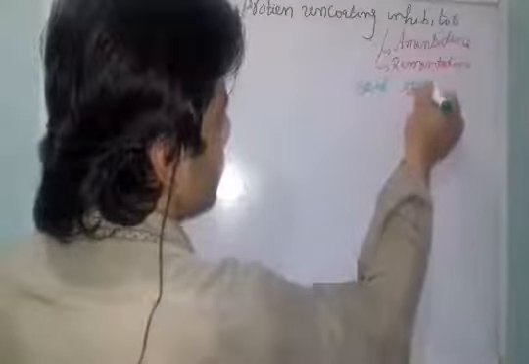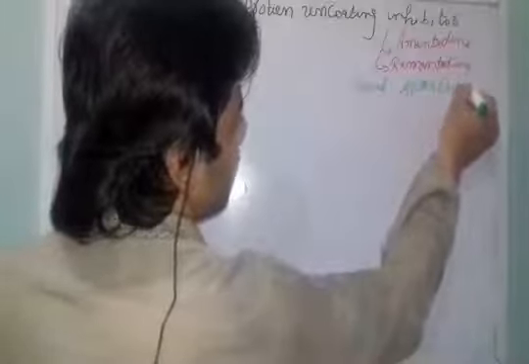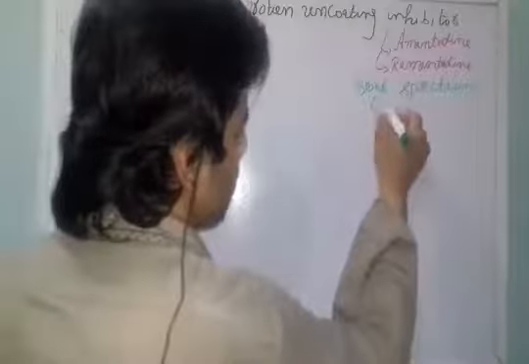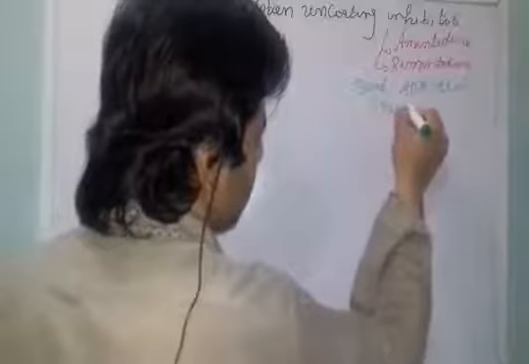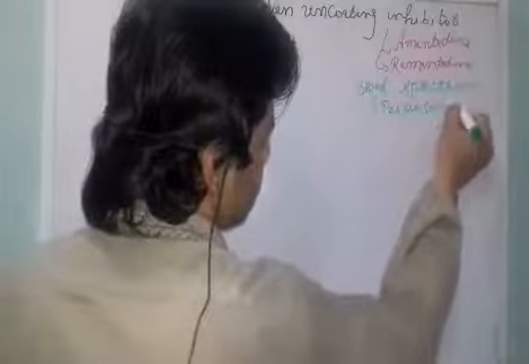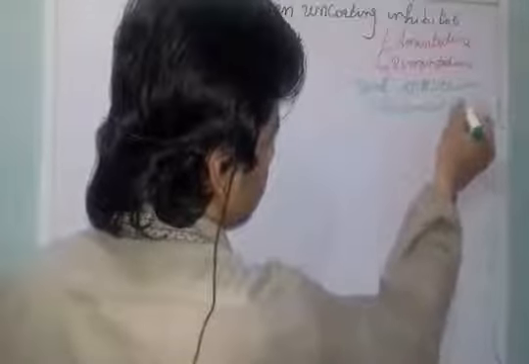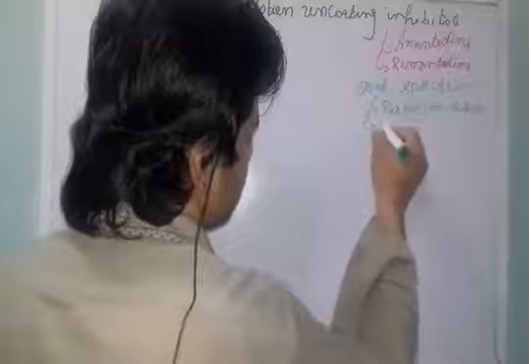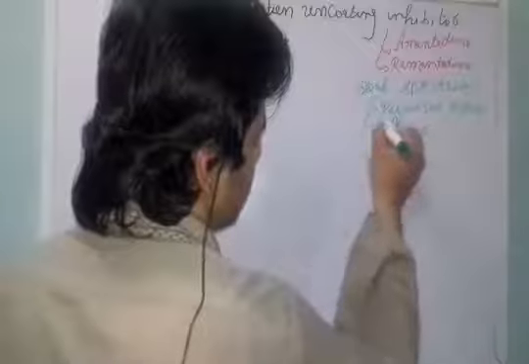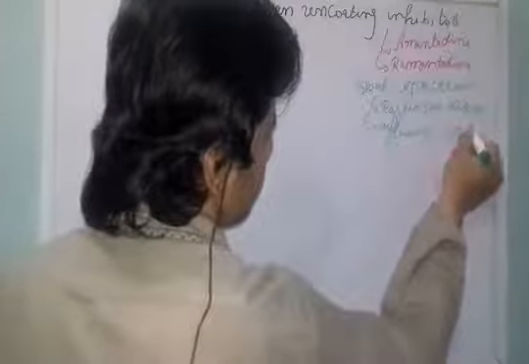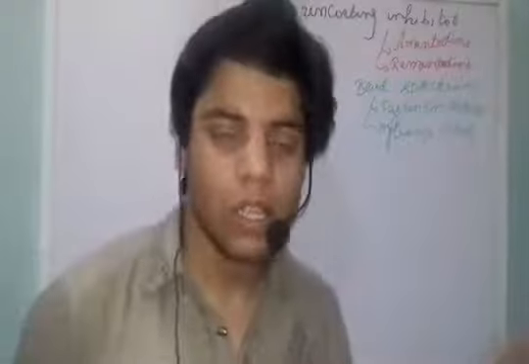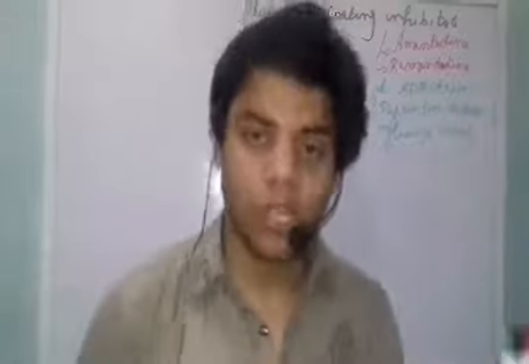So the broad spectrum of these drugs is that they are active against Parkinson's disease and also active against influenza virus. So against Parkinson's disease and influenza viruses, these drugs show the best result. Fine. So this is the broad spectrum.